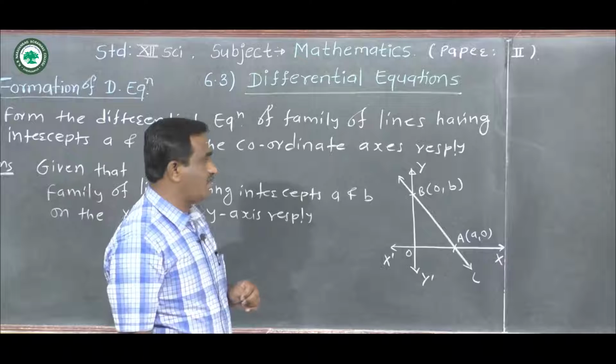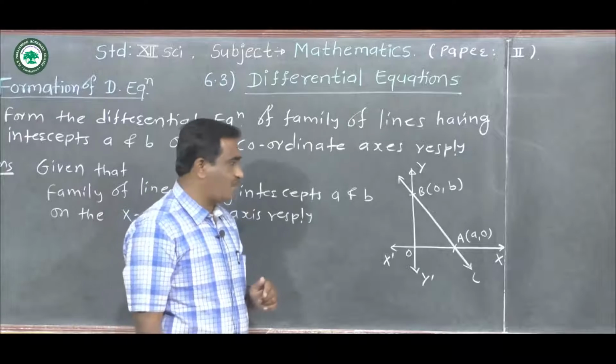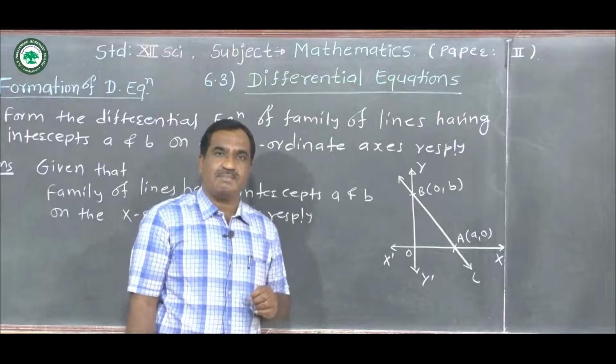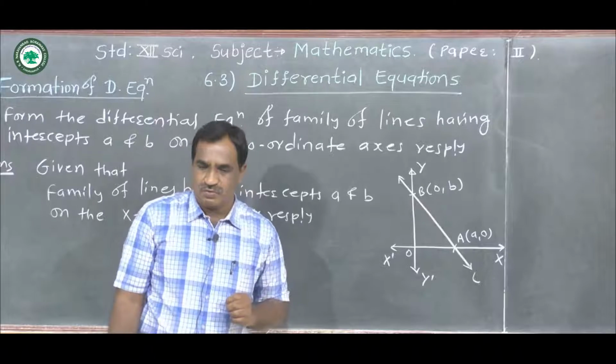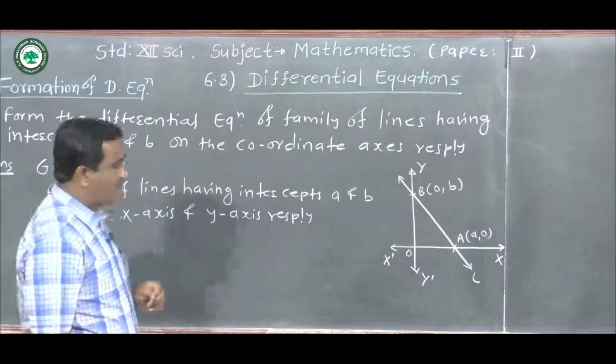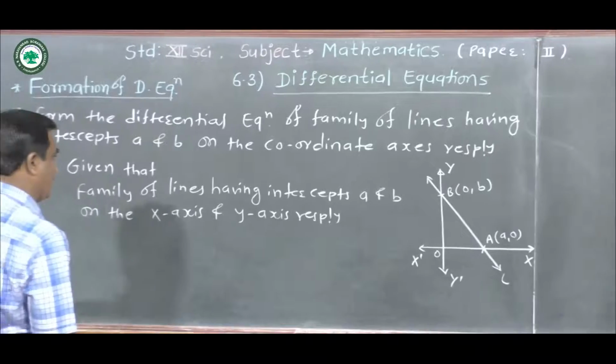Now we know that the equation of a line in double intercept form is x upon a plus y upon b is equal to 1. Using this formula we can find the differential equation.